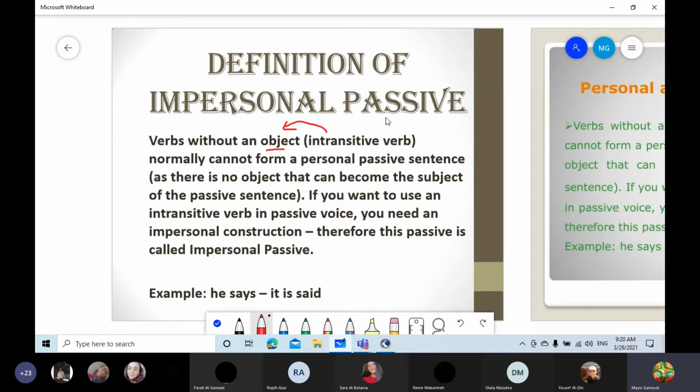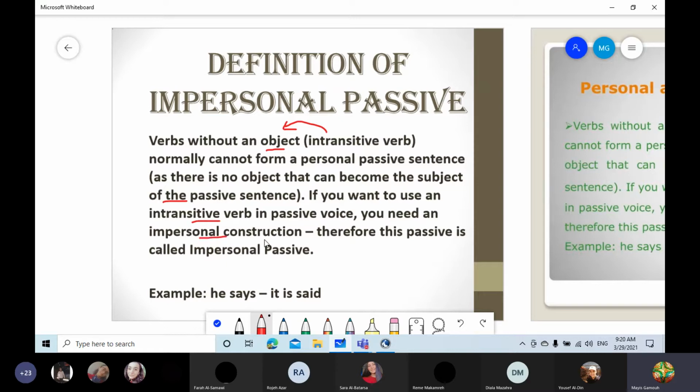So what do I do with this case? As there is no object that can become the subject of my passive sentence, what do I do? If you want to use an intransitive verb in the passive voice, you need an impersonal construction.